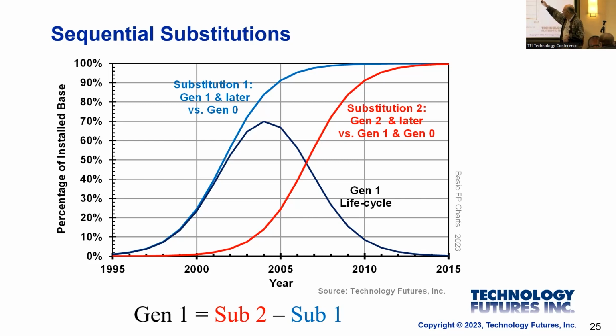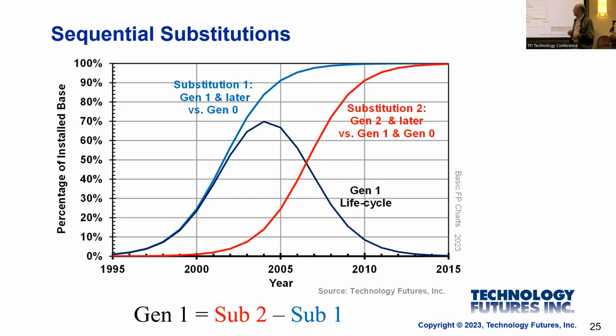If you subtract the red line from the blue line, in other words, the second substitution from the first substitution at any point in time, you'll get the bell-shaped curve there. The bell-shaped curve is the life cycle for the first generation. So it goes up according to the blue S-shaped curve, and then it goes down, caused by the red substitution, the newest substitution coming, that's basically substituting for the first generation.